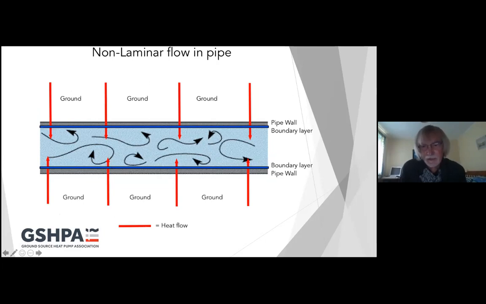It really stirs things up at the pipe wall and reduces the resistance to the flow of heat into the tube. So this is where closed loop ground source systems try to operate in the serious parts of the system, where you're trying to either extract heat from the ground in your heating mode or reject heat to the ground in cooling mode.